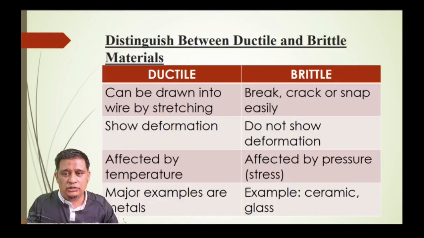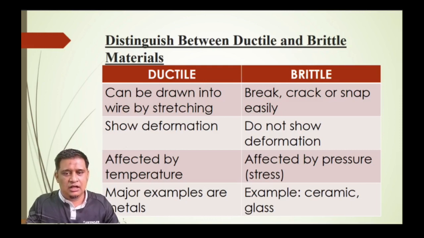Now, I want to show the distinction between ductile and brittle materials. First, ductile material can be drawn into wire by stretching. But brittle material is easy to break, crack or snap.